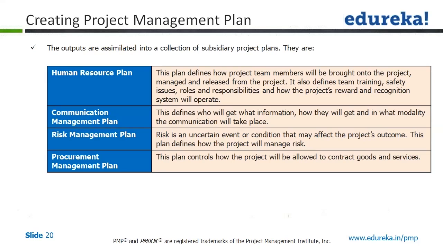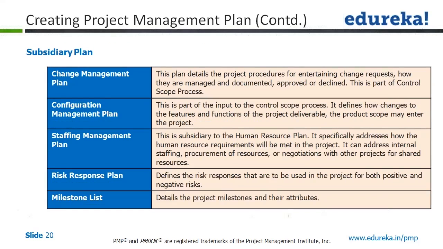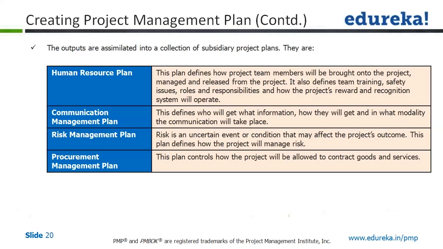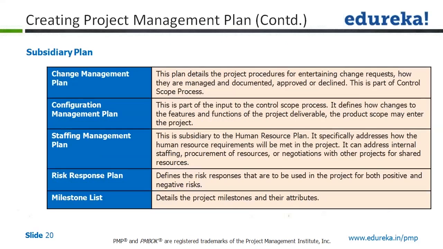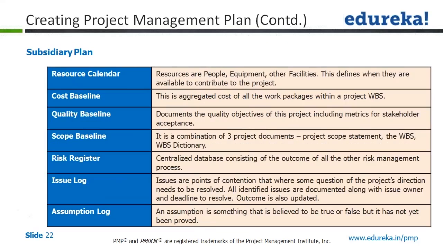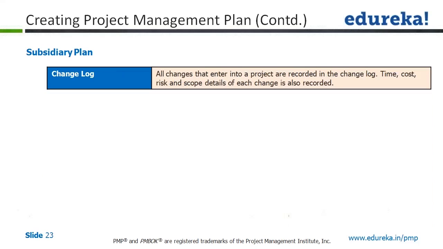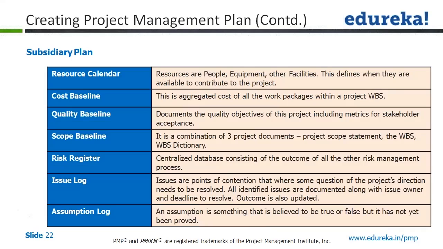Then similarly, the quality management plan, the process improvement plan, human resource plan, the communications management plan, risk management plan, procurement management plan, change management plan, configuration management plan, staffing management plan, risk response plan, milestone list, resource calendar, cost baseline, quality baseline, scope baseline, risk register, various logs, change logs.